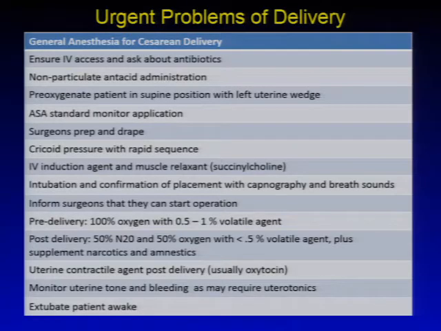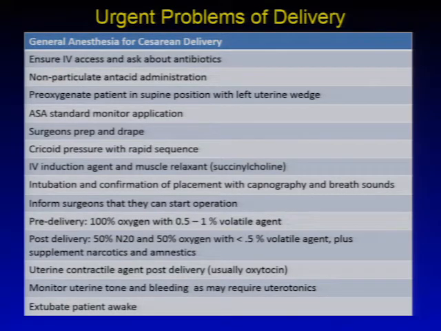If one is put into the situation where one has an urgent delivery and requires a general anesthetic, here is a general approach. One wants to ensure IV access and ask about antibiotics if given the time and opportunity, give the mother a non-particulate antacid so that she is less likely to have detrimental effects of aspiration, pre-oxygenate her, as well as apply the standard ASA monitors.